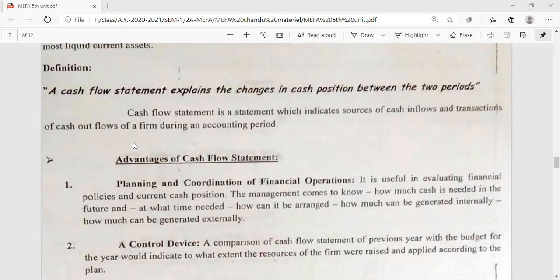If you don't have a proper cash flow statement, you are unable to do all these things. With this statement, you can identify that for a particular date you require some amount, and if you have it in hand, you can give that amount. If you don't, you have to arrange that cash internally or externally.